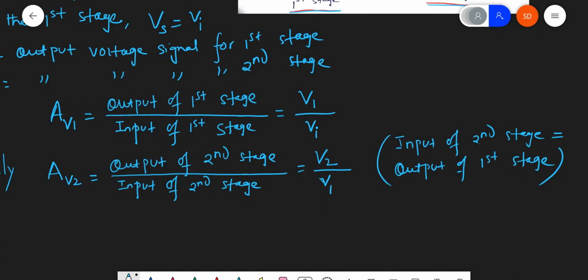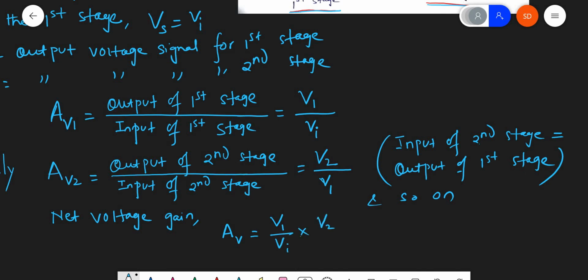So the net voltage gain, and so on for the third stage we can write easily. The net voltage gain is written as AV. It is the product of all, that is V1 by Vi into V2 by V1.